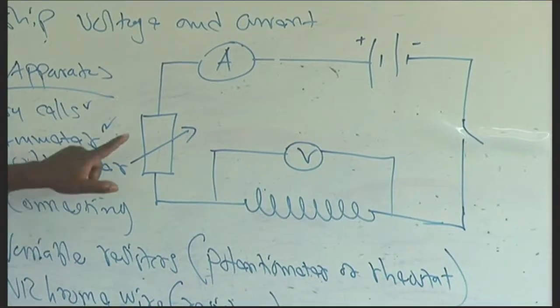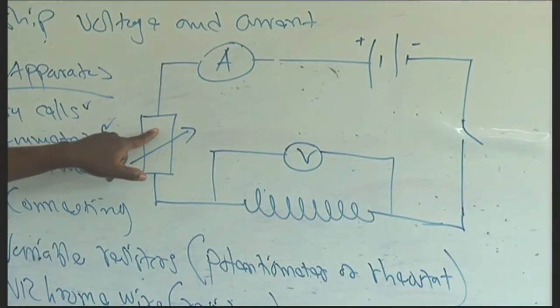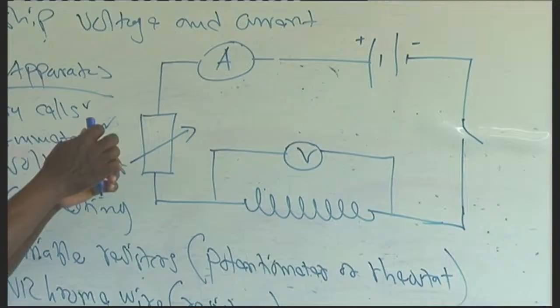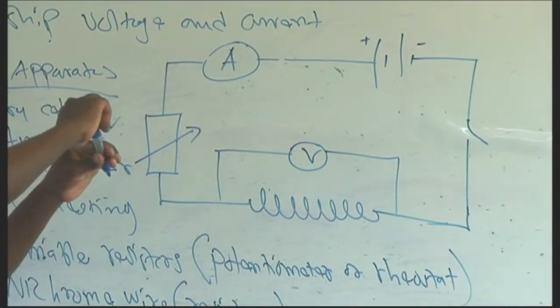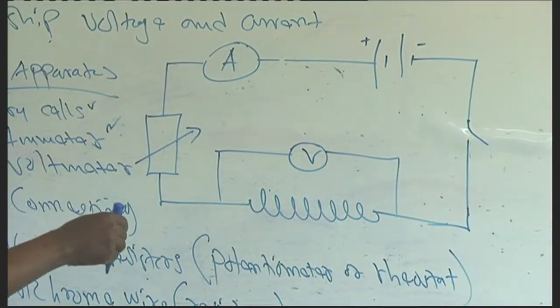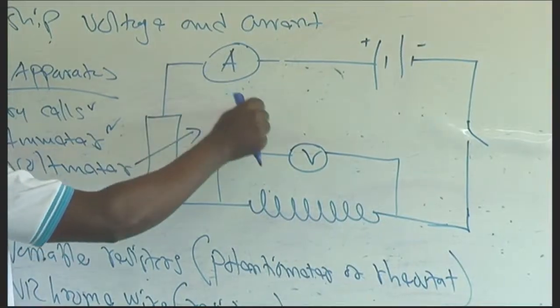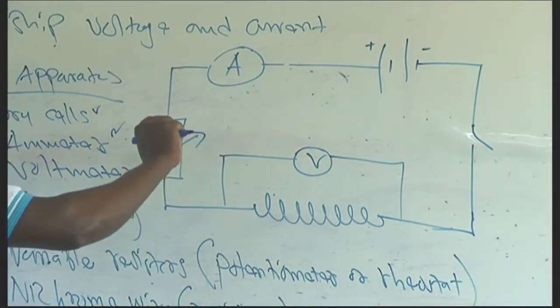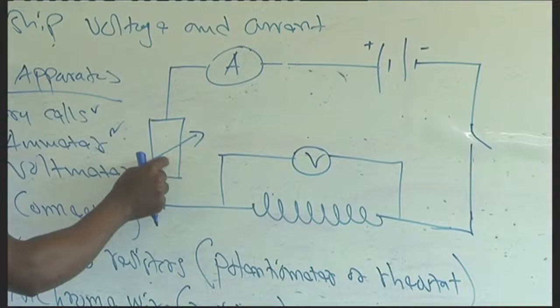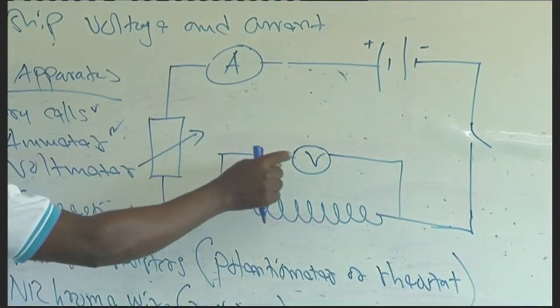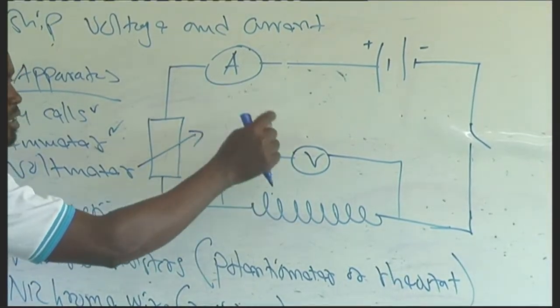Now, this variable resistor, when we adjust it either clockwise or anti-clockwise, will vary the current and the voltage. So any adjustment made on the variable resistor will have a specific value on both ammeter and voltmeter.